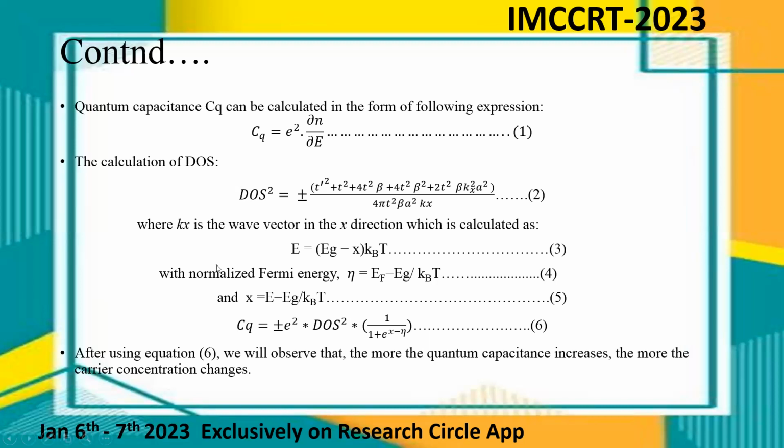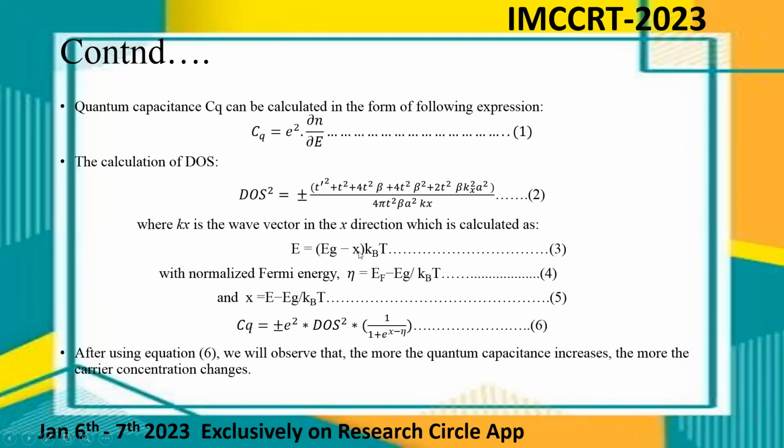Where kx is the wave vector in the x direction, which is calculated as E, which is the energy level of graphene. This is one of the important parameters of this research. E is equal to Eg minus x into kBT. kB is the Boltzmann constant here.